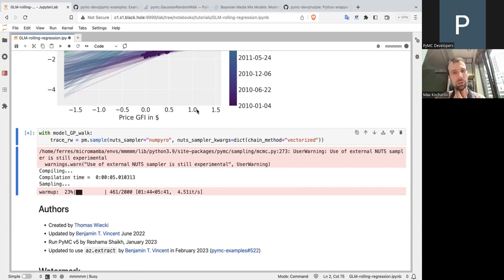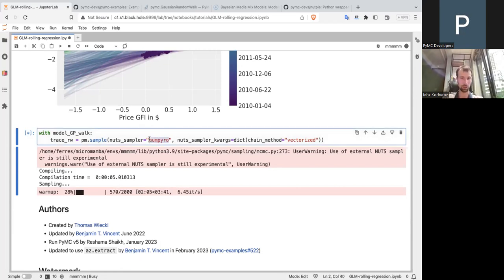What were those 60 cores doing when I was sampling with NumPy? Well, I think NumPy is faster for this example, indeed.